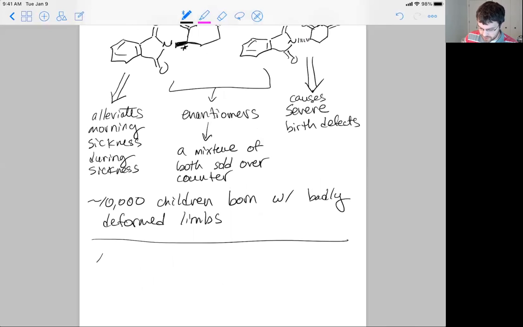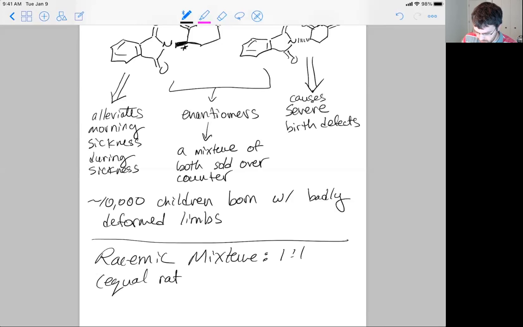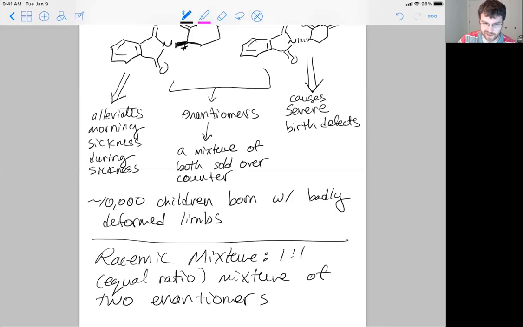It also allows us to talk about this idea of the racemic mixture. So a racemic mixture is a one-to-one, that is equal ratio mixture of 2 enantiomers. Okay?